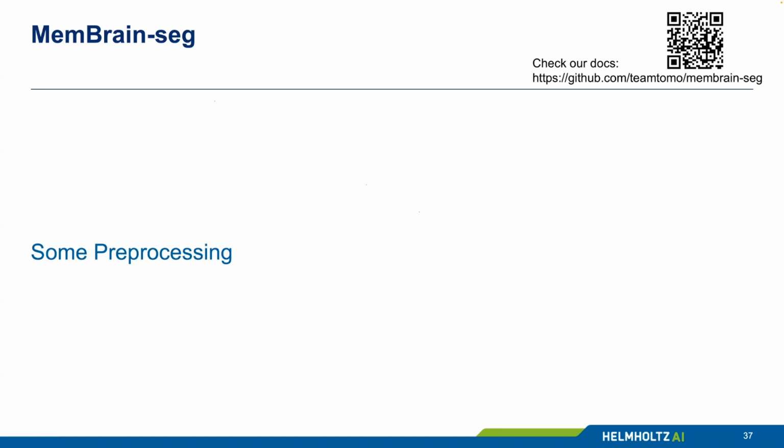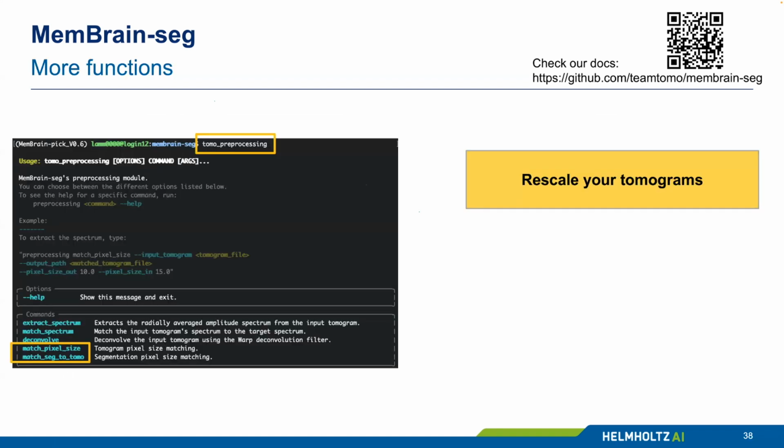Some pre-processing, that's the last thing I want to show, because sometimes your performance with membrane-seg may be not ideal, and that may be because the tomogram is looking a bit differently to what our training data looked like. So in this case, we provide this Tomo pre-processing functionalities that you can access, again, just by typing Tomo pre-processing, and then we have some functionalities.